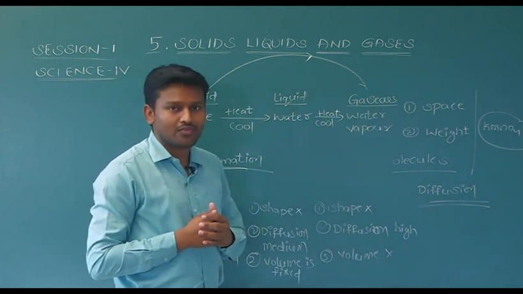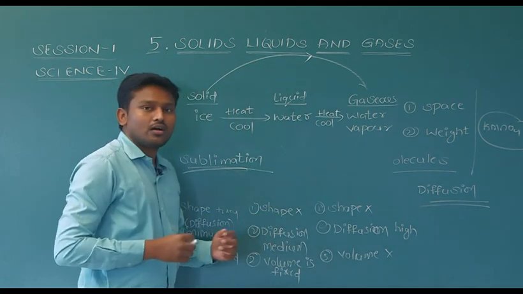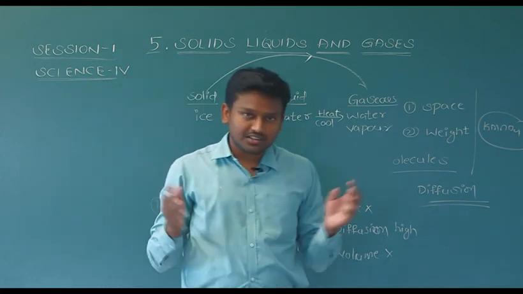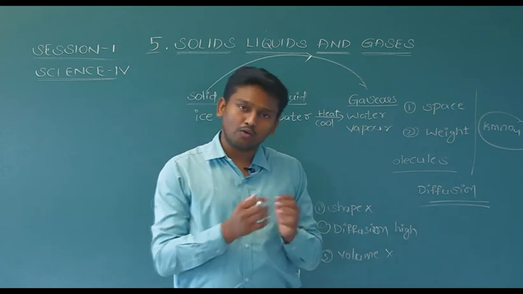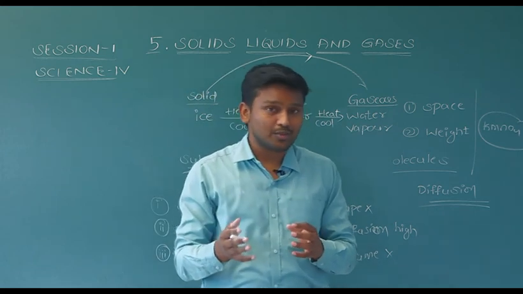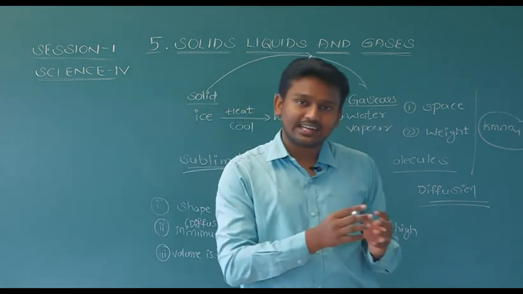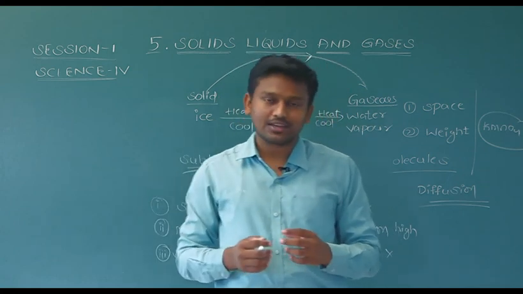So, let us recall what we have learnt in this class. The first one: what are the different states of matter present in our surroundings, and how matter is made up of molecules, and what is the size of the molecules, and what is the activity that shows the size of the molecules.